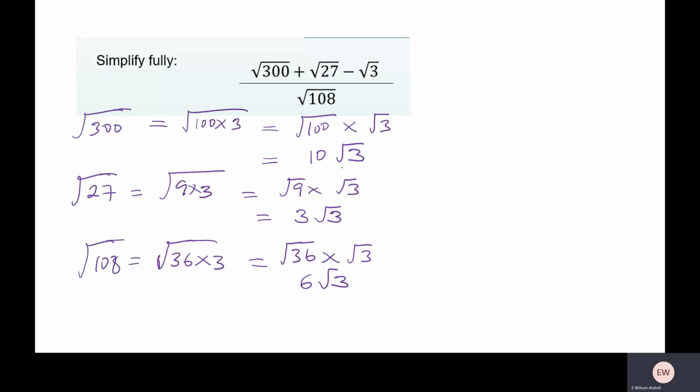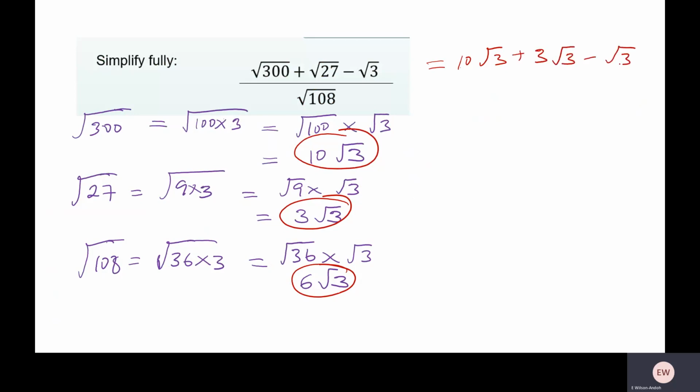So let's put everything together. Now, instead of root 300, we are going to write 10 root 3, and instead of root 27, we have 3 root 3 minus root 3, all over 6 root 3.